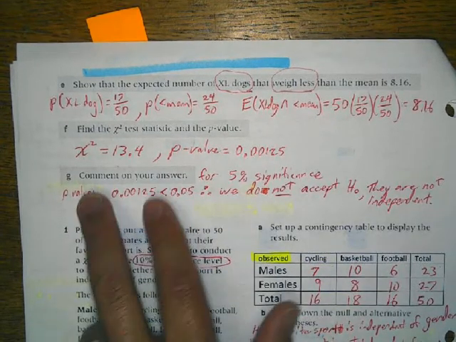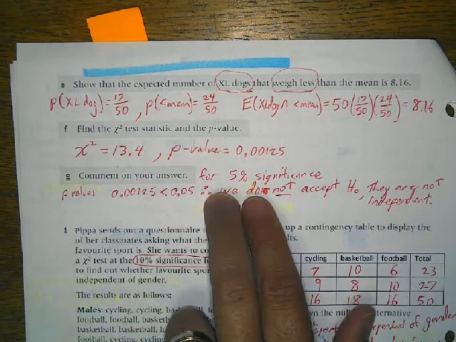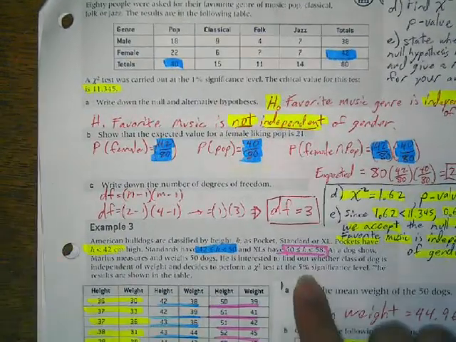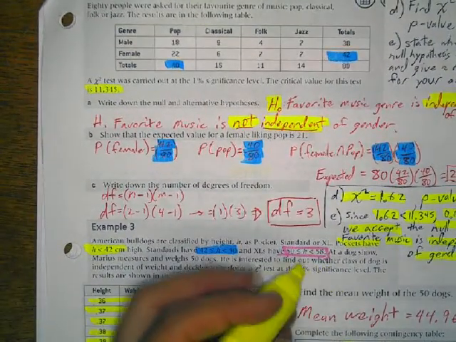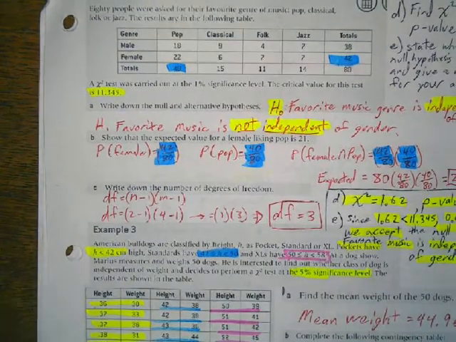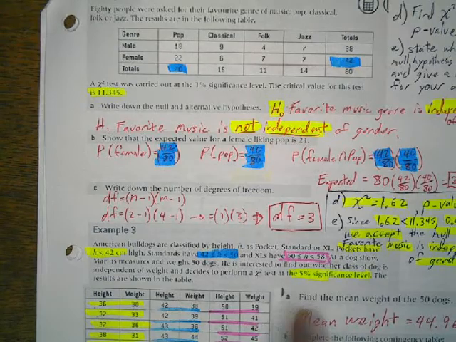Okay, so comment on your answer. So for 5% significance, why did I choose 5%? It says it right here. Let's compare it to 5% significance. Notice they didn't give you the critical value, did they?